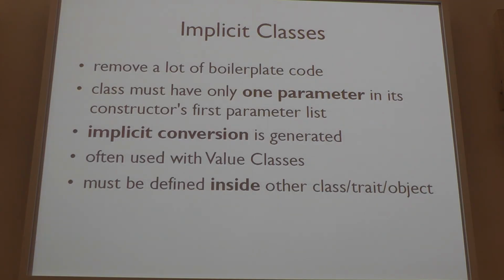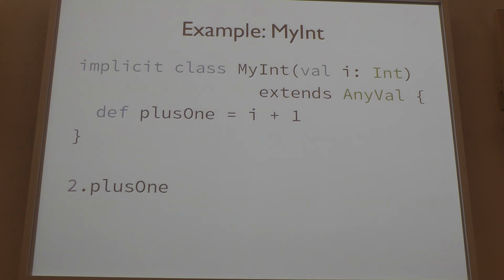Another limitation is that you must define this implicit class inside some other object, class, or trait. It can't be a top level thing. Here's the example. Again, I have my int class and I mark it implicit. That's right here. And as you can see, there is no implicit conversion, and you don't have to write it.